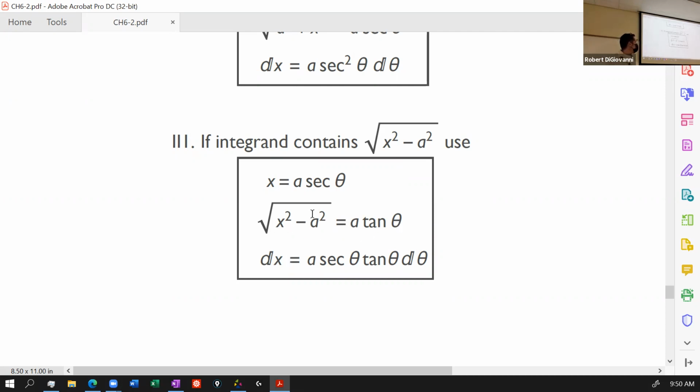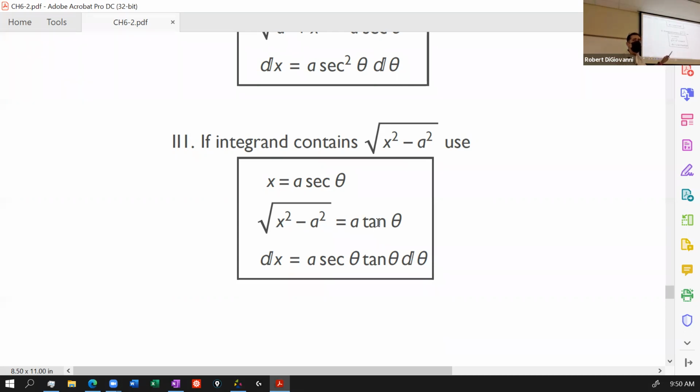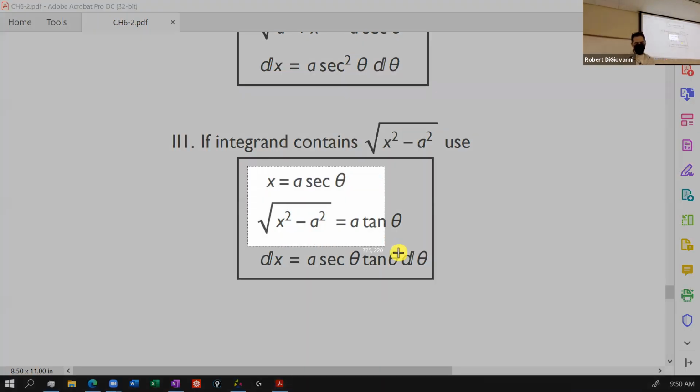And the dx is just the derivative of this, which is a secant theta tangent theta d theta. Do you all want me to show you how this square root turns into this, or do you get the idea now? It would be the same setup as the other 2. This is what would happen, and we're just going to do an example. I'll copy this.